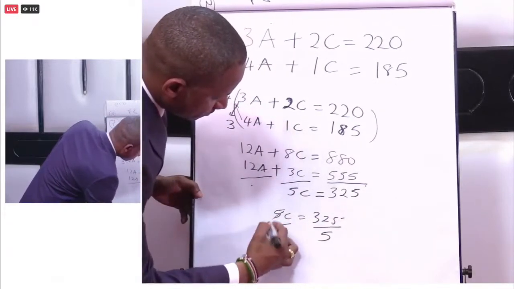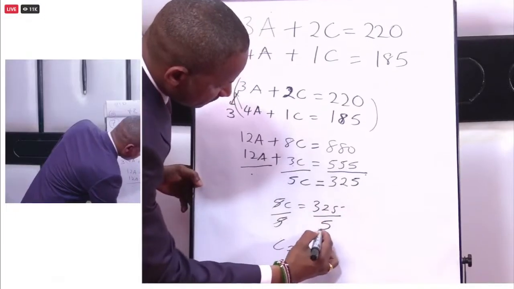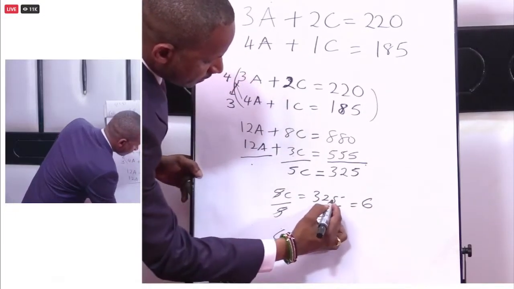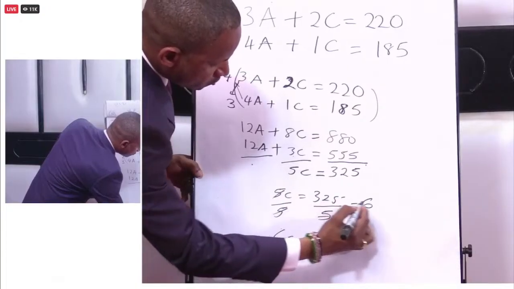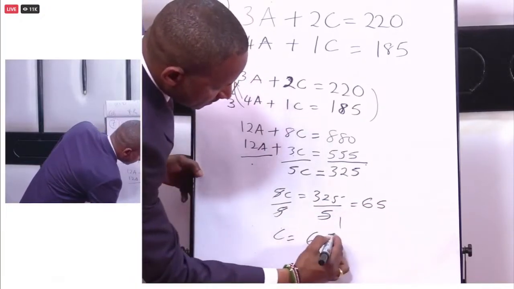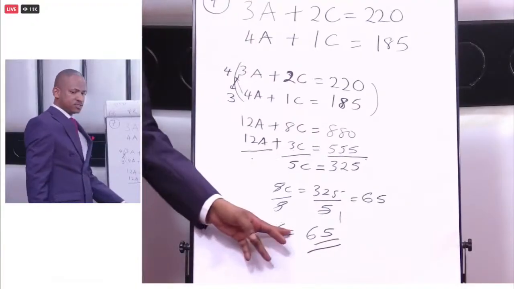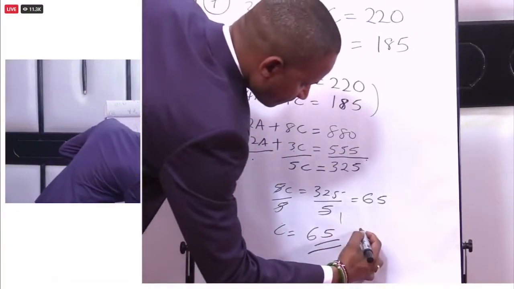So the value of C: 5 goes into 32 six times, remainder 2, into 25, 5 times. So you get 65. So each craftsman, C, earns 65 shillings.